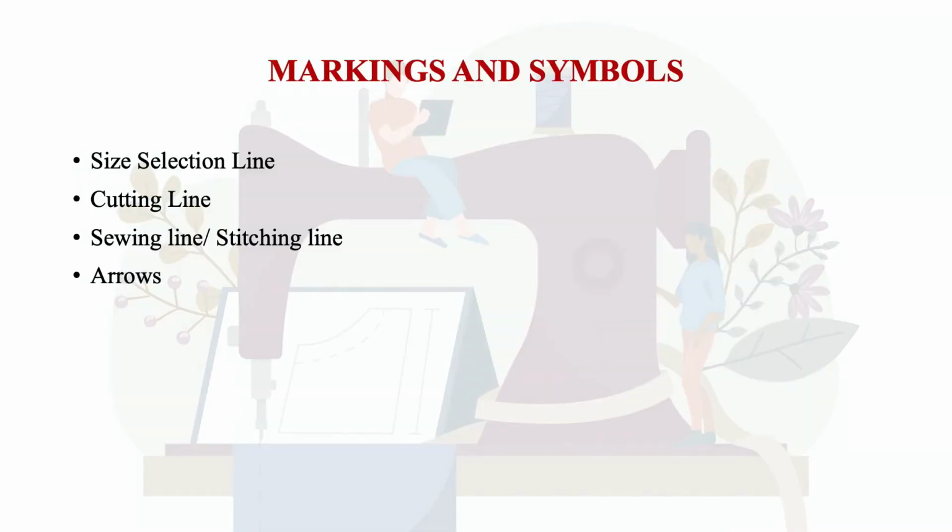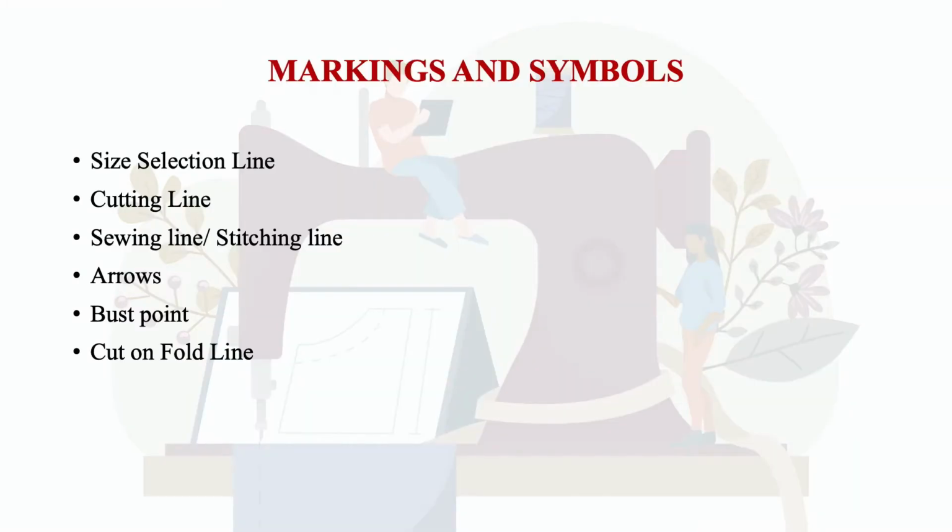Then we have the arrows, which show the direction of the grain line on which we will cut the fabric, or the direction of the pattern we are using. Then we have the bust point on the pattern. If we have the bodice, we give a straight horizontal line to mark it as the bust line.